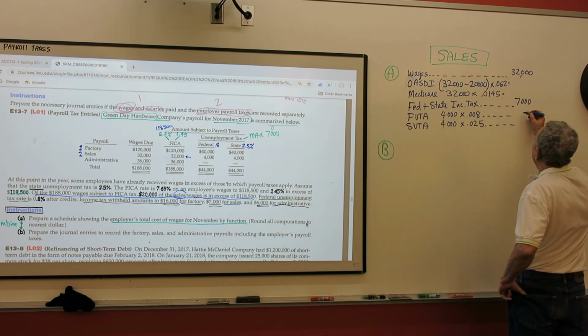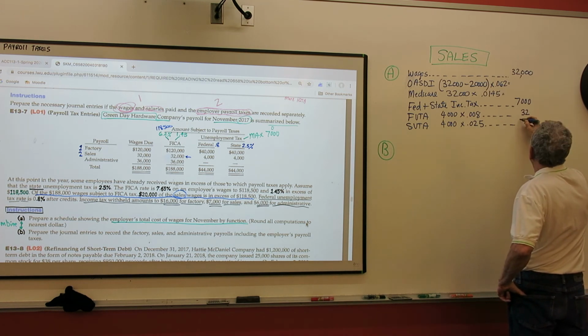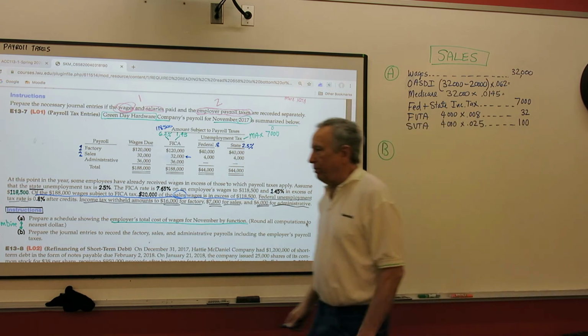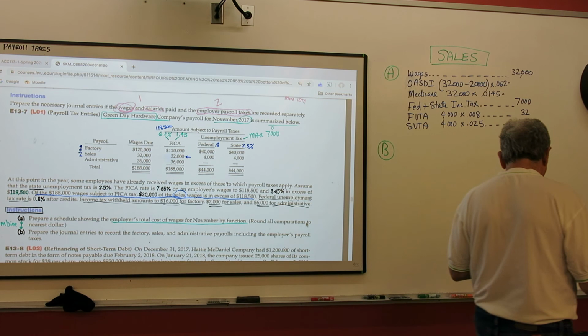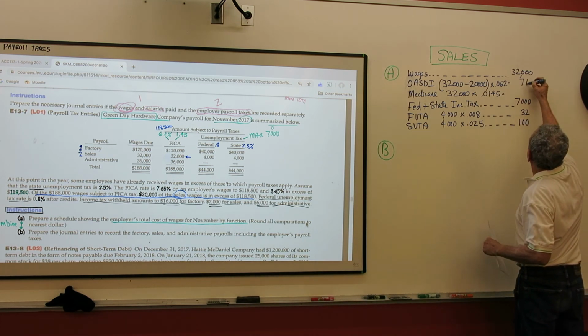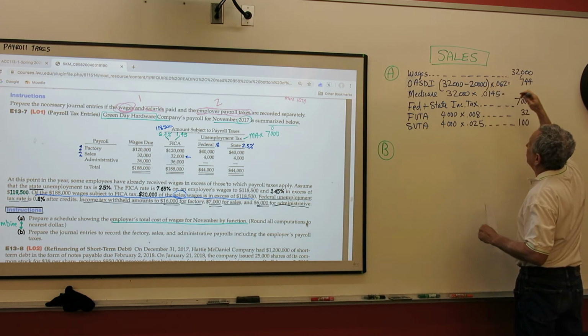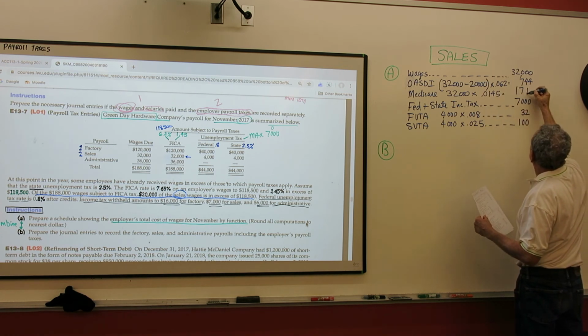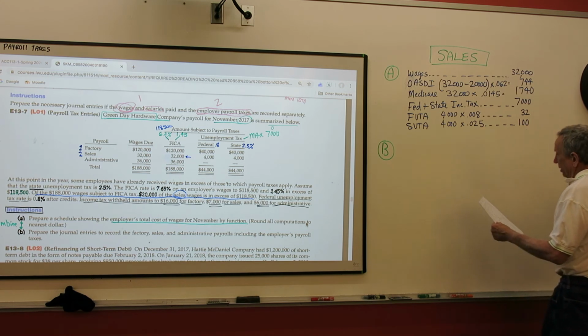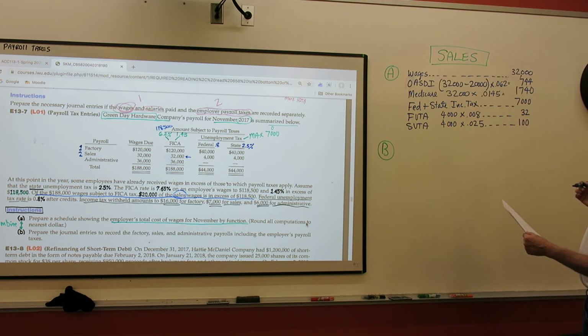That's going to be $32, and that's going to be $100. The other one is going to be $744 when you multiply this out. The 32 times 1.45 is going to be 1740. And I believe that is everything. Let me see, 1, 2, 3, 4, 5, 6, 1, 2, 3, 4, 5, 6, I got it.